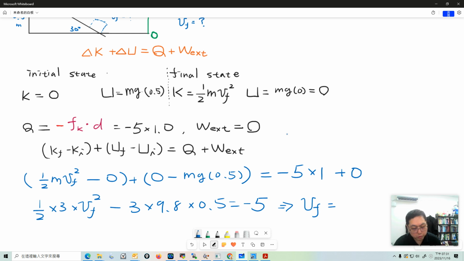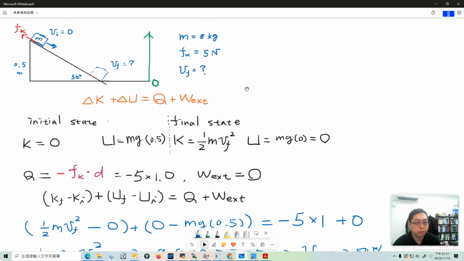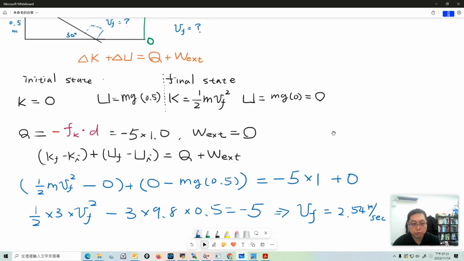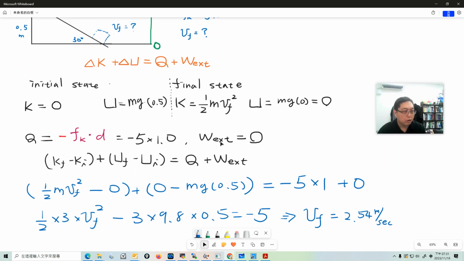Vf is 2.54 meters per second, because we use the MKS system, kilogram, Newton, so its unit will be meters per second. That's the first question.